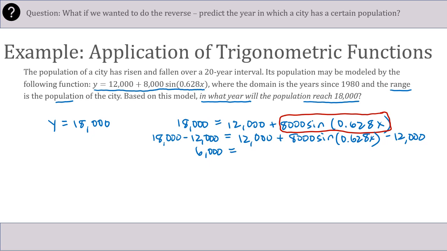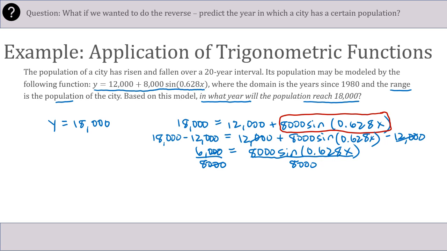And on the right hand side, the 12,000s cancel, and I'm left with 8,000 times the sine of 0.628x. I said times 8,000, so I'm going to get rid of that 8,000 by doing the opposite of multiplication, which is division. And 6,000 divided by 8,000, the thousands are going to divide out.